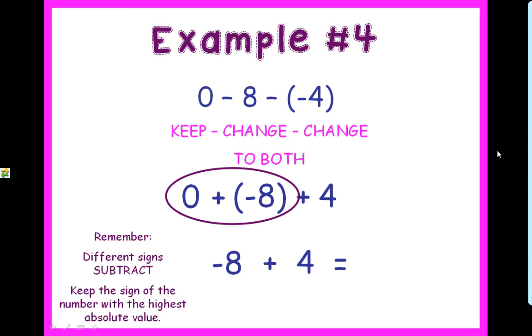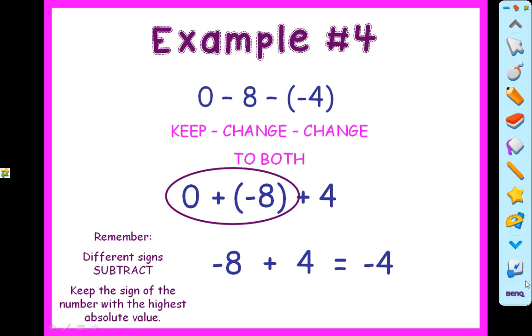Different signs, subtract, and keep the sign of the number with the highest absolute value. So here we have a negative 8 plus 4. We're just going to say 8 minus 4 is 4, and we're going to keep the sign of our highest absolute value. In negative 8, the absolute value is 8, so it is higher than 4. So that is our answer.